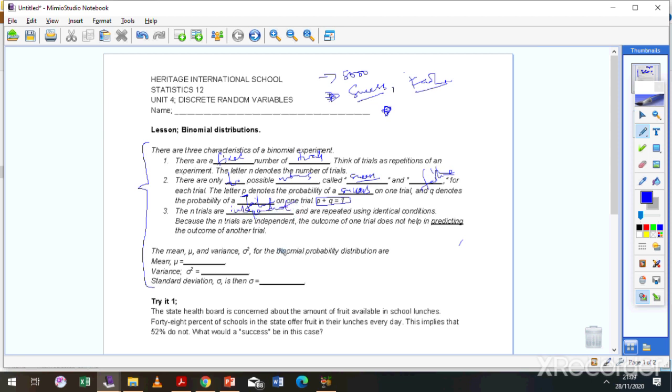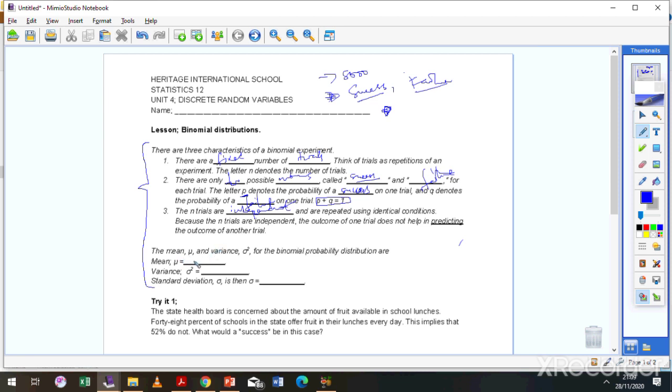So the probability that the 40th trial happens is not affected by the probability that the 36th trial happens. The trials are independent and are repeated under identical conditions. Because the trials are independent, the outcome of one trial does not help in predicting the outcome of another trial.